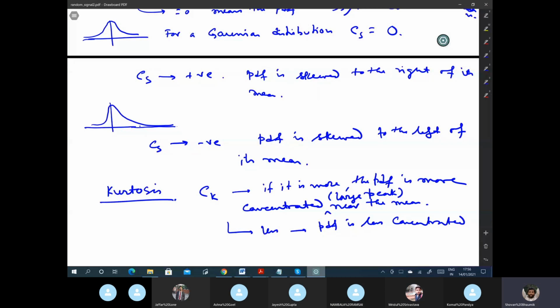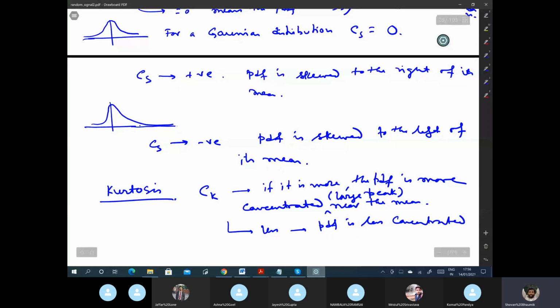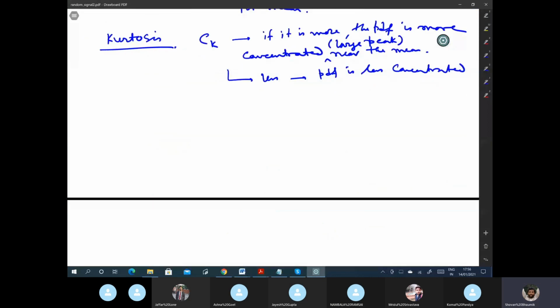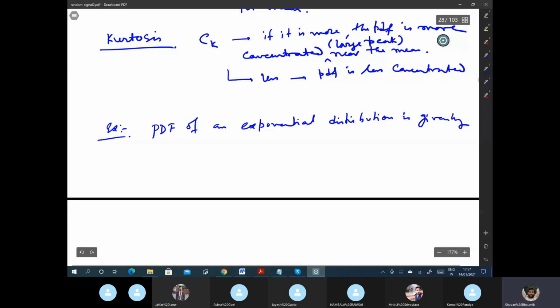Okay, so now let's do an example, which is a simple example. The PDF of an exponential distribution is given by fX(x) equals b e to the power minus bx u(x).